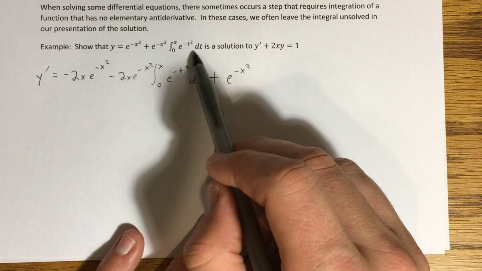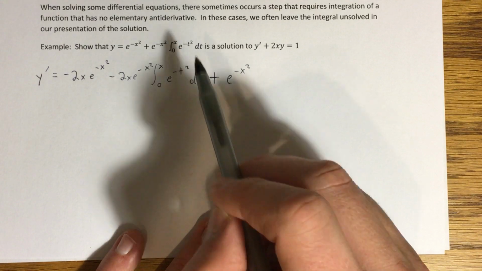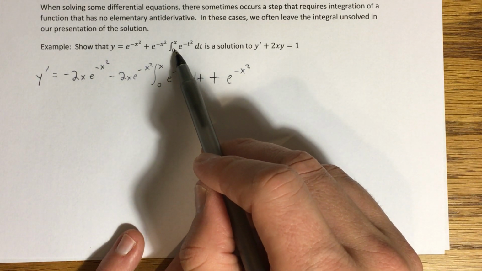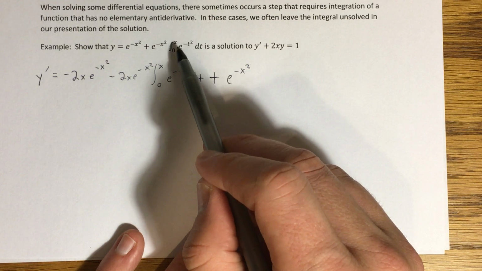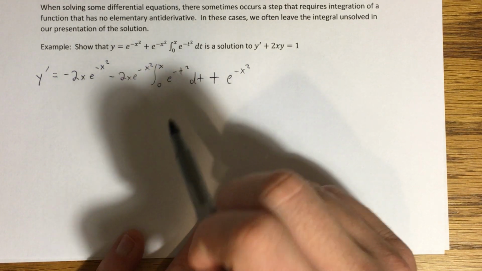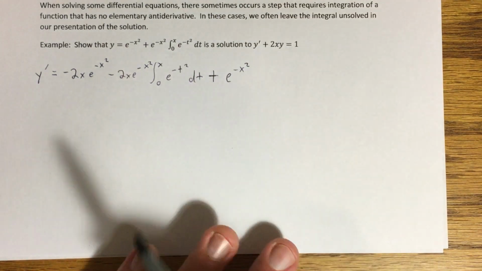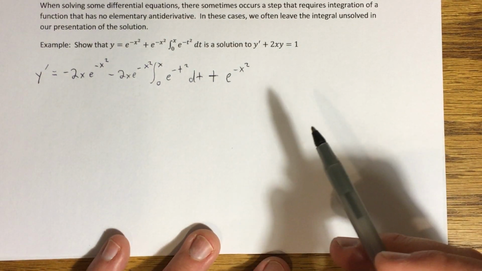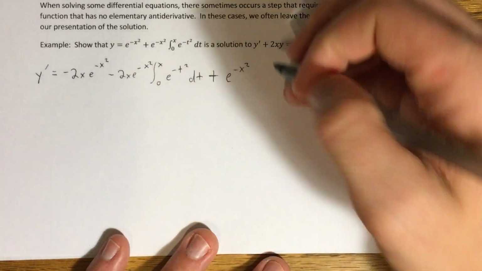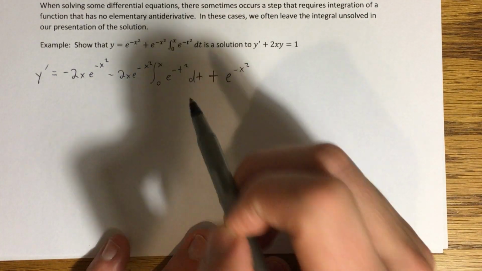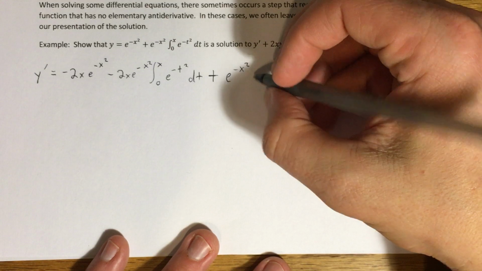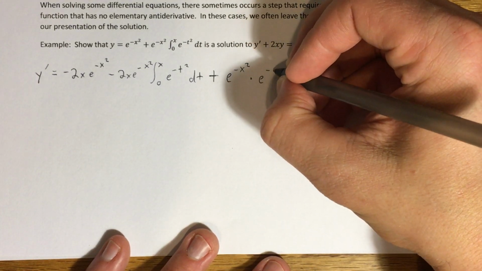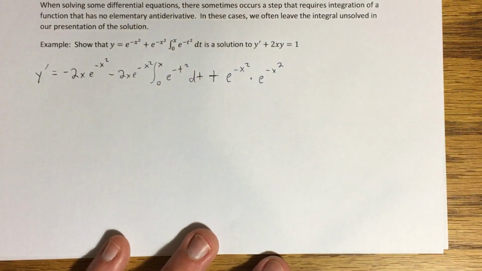Well, you should remember seeing integrals of this form, where you have your limits of integration going from some fixed value, some constant, to your variable x. If you differentiate this with respect to x, the fundamental theorem of calculus tells you how to do that. The derivative of this with respect to x is just the integrand with an x replacing the t. So this becomes times e to the negative x squared.